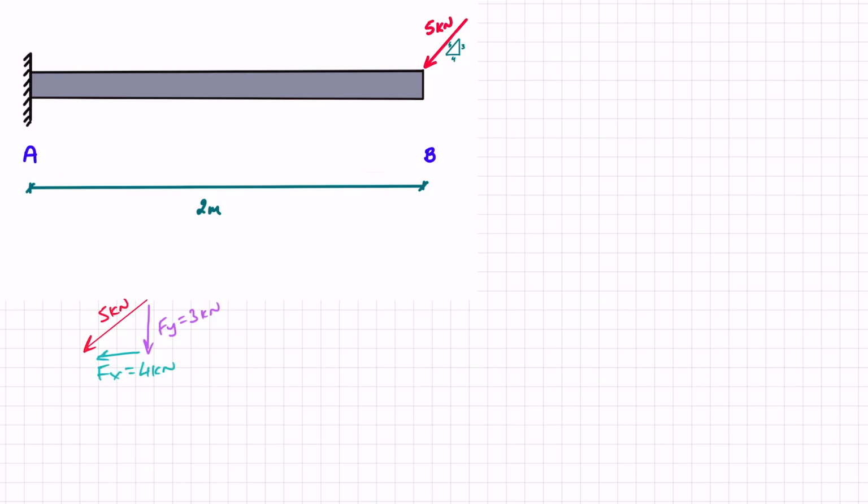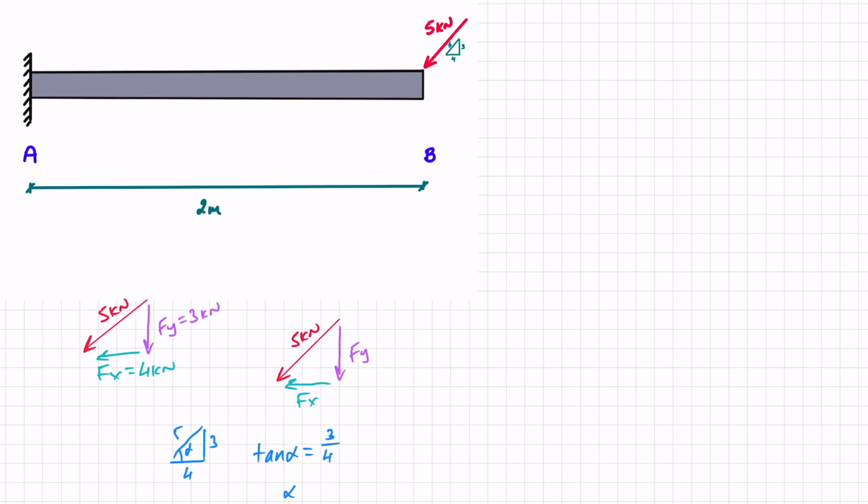Now, say I didn't recognize the triangle, let's look at it in a different way. So once again, I'm just going to draw out my 5 kilonewtons here. I know that I have a force of Fy and a force of Fx. And what I do know from looking at the triangle is that I've got 5, 3 and 4 here. If this is alpha, I can say that tan alpha is 3/4.